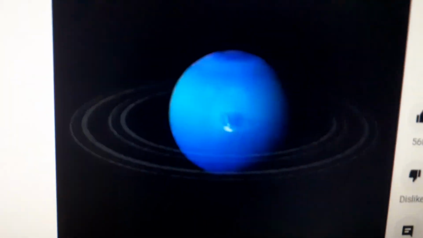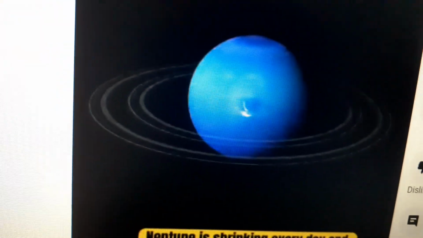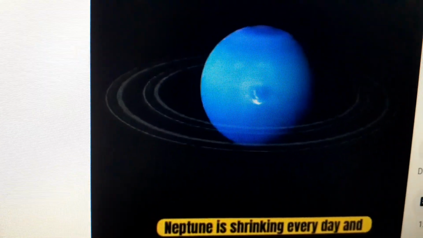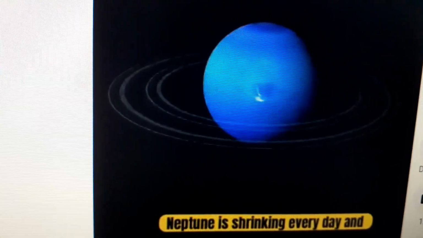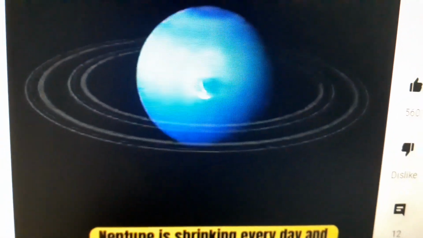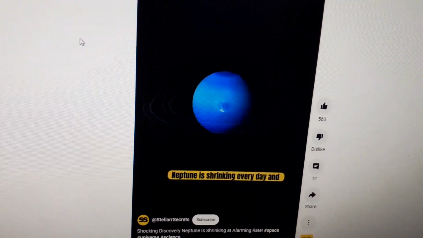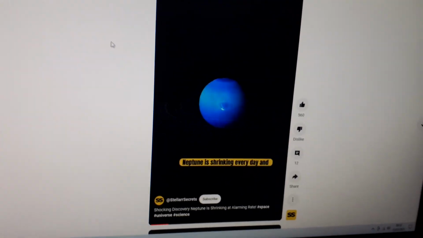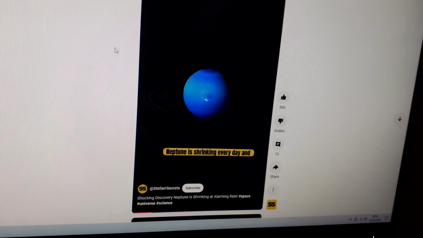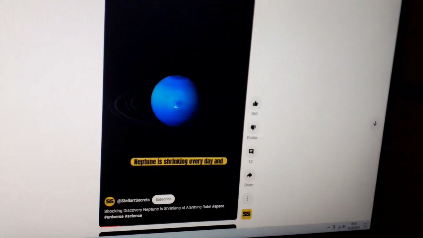Also, curiously, it's got a dark spot and a light spot as well. I don't know what that means, but the dark spot, is it repeating that same thing again? Like the one on Jupiter, like the Eye of the Storm.